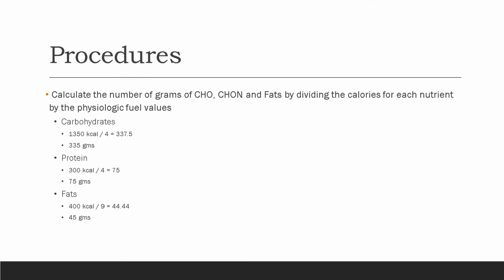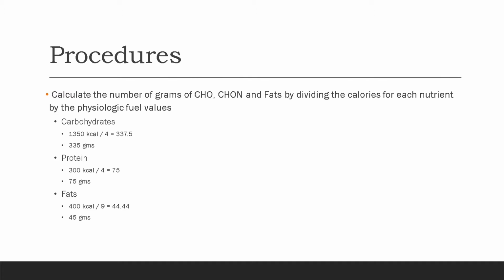So for the last procedure, we want to calculate the number of grams of carbohydrates, proteins, and fats by dividing the calories for each nutrient by the physiologic fuel values. For carbohydrates, we want to take 1,350 kilocalories and divide it by 4, which will end up being 337.5. You want to round this to the nearest 5, and you end up getting 335 grams.